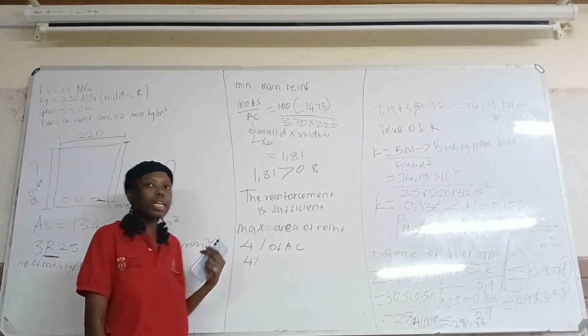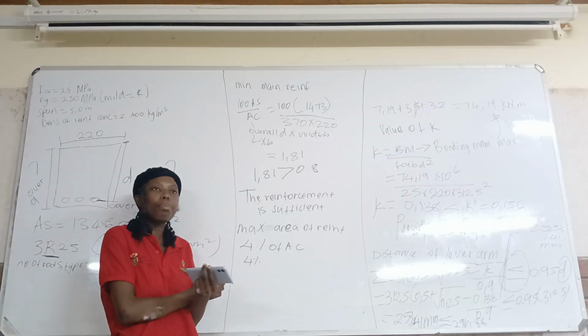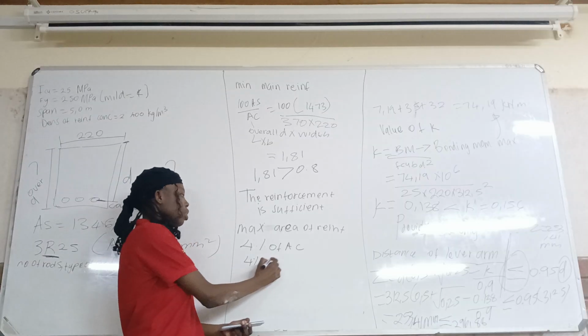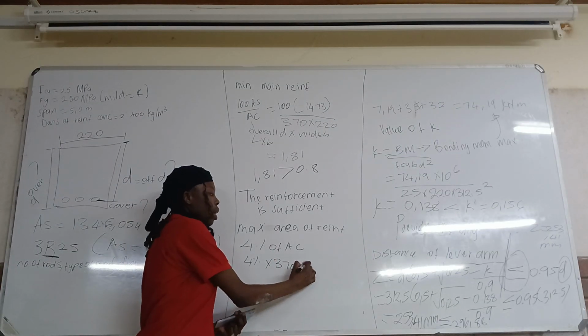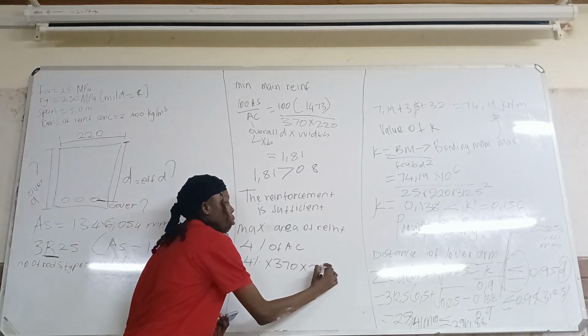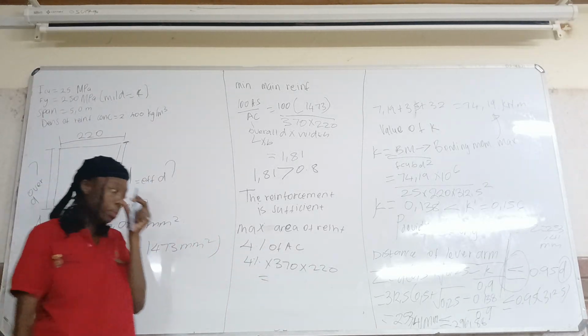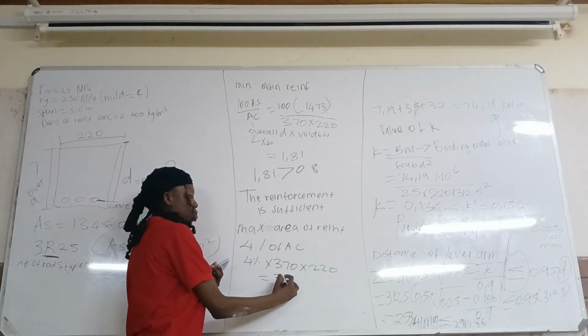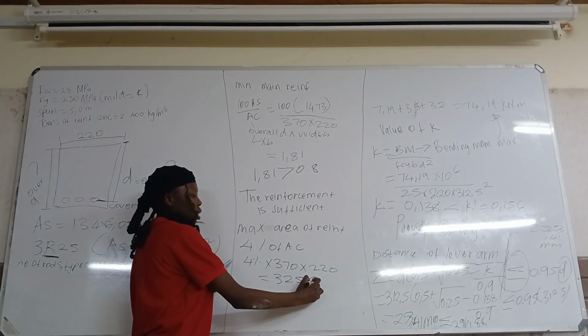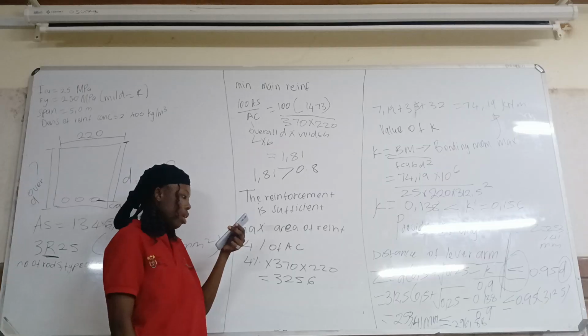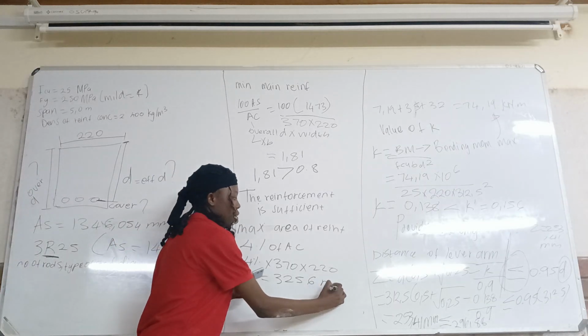AC is length times breadth, again, it's overall depth times the width. So it's 370 times 220. What do we get? 3256 millimeters squared.